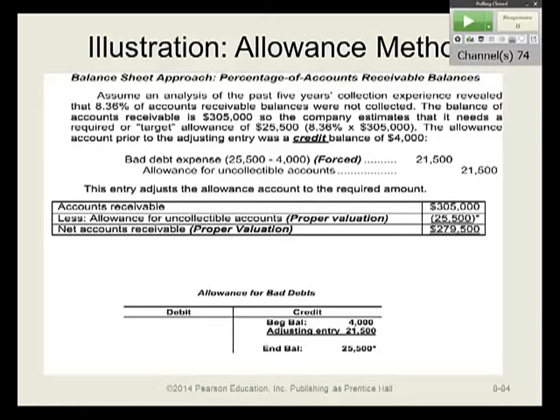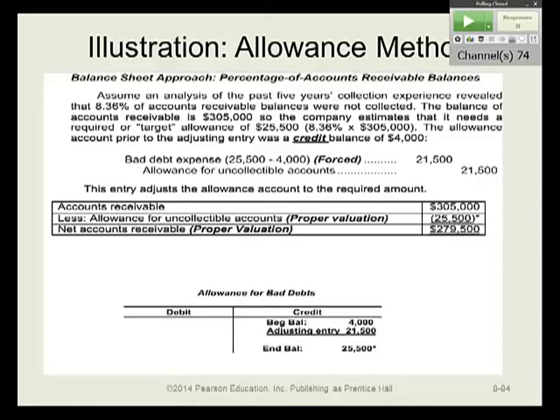And now the write-off is 25. So the balance now is 500. So when you write it off, you debit the allowance and you credit the accounts receivable.